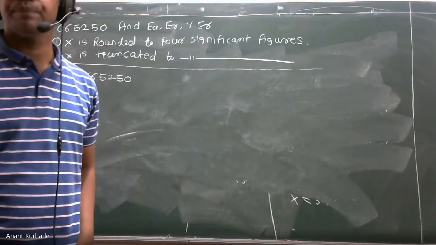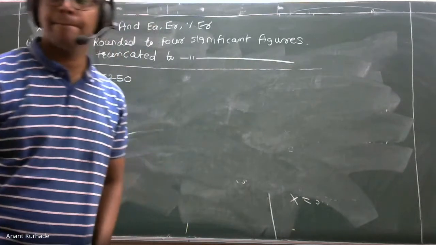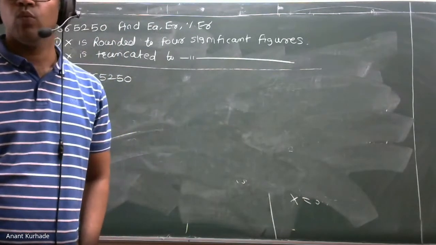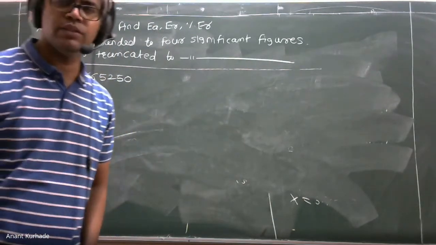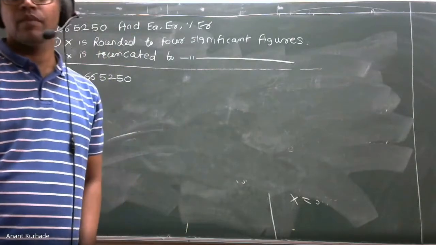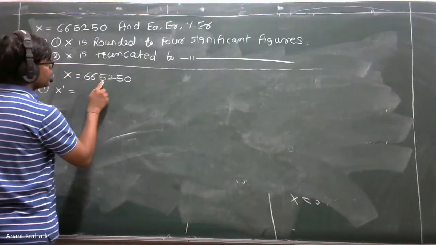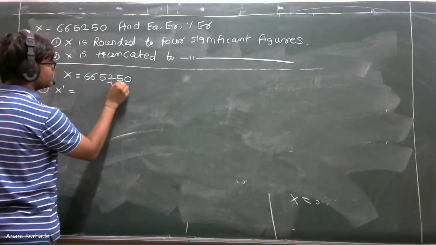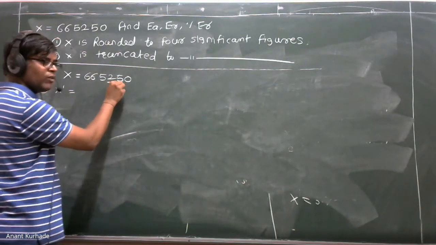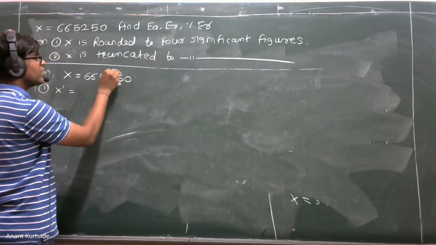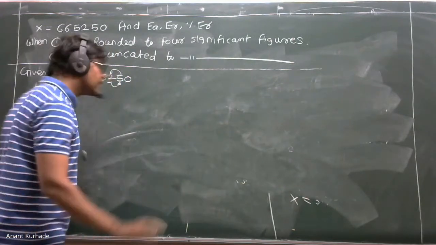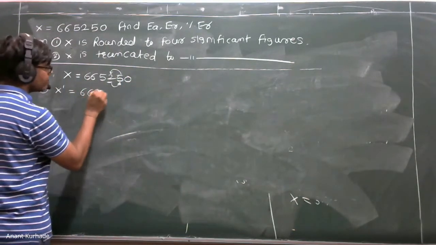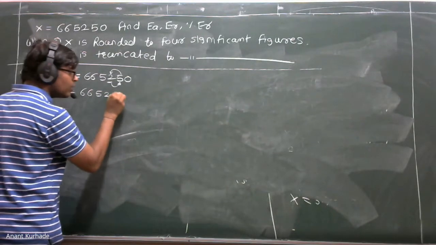Apply rounding rules. 6652, that makes 4 digits: 1, 2, 3, 4. The next one is 5, which is equal to 5. Check the previous one, it is even, so keep as it is. So 6, 6, 5, 2, 0, 0.